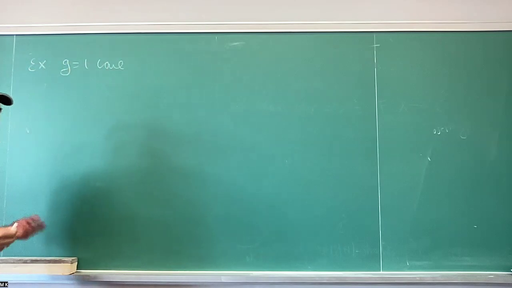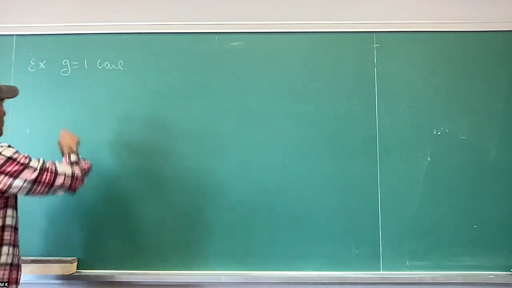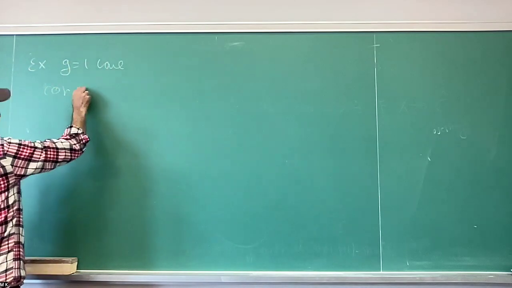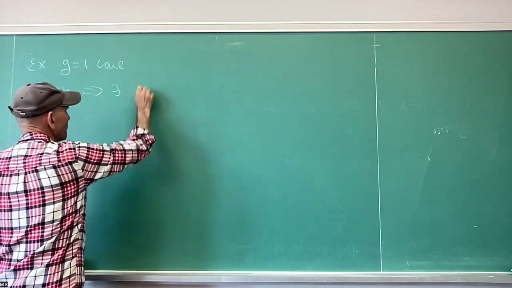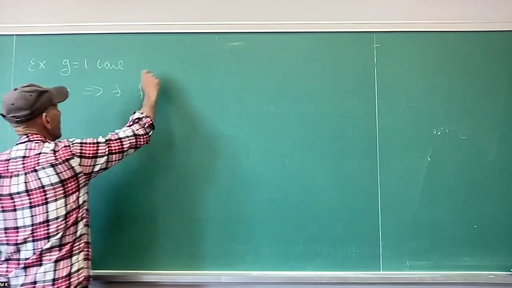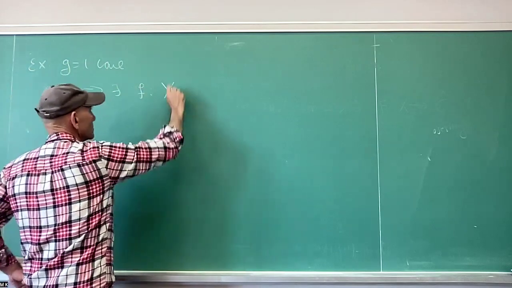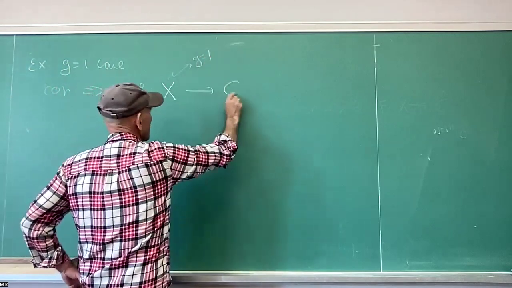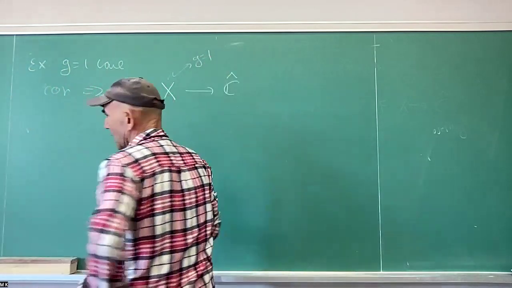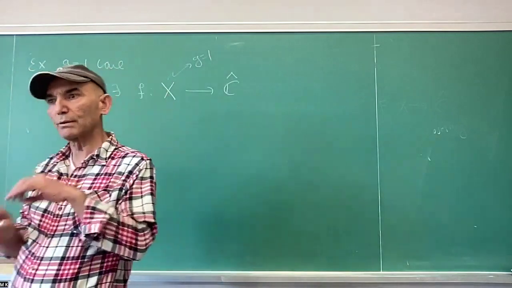In the genus 1 case, the theorem or corollary implies that there exists an F from X, which has genus 1, to C hat with a single pole of order at most 2.